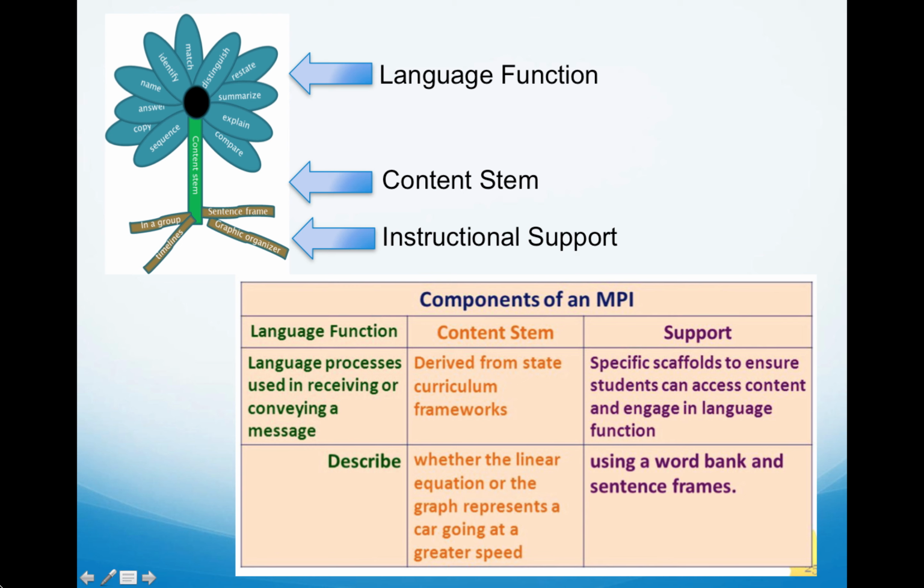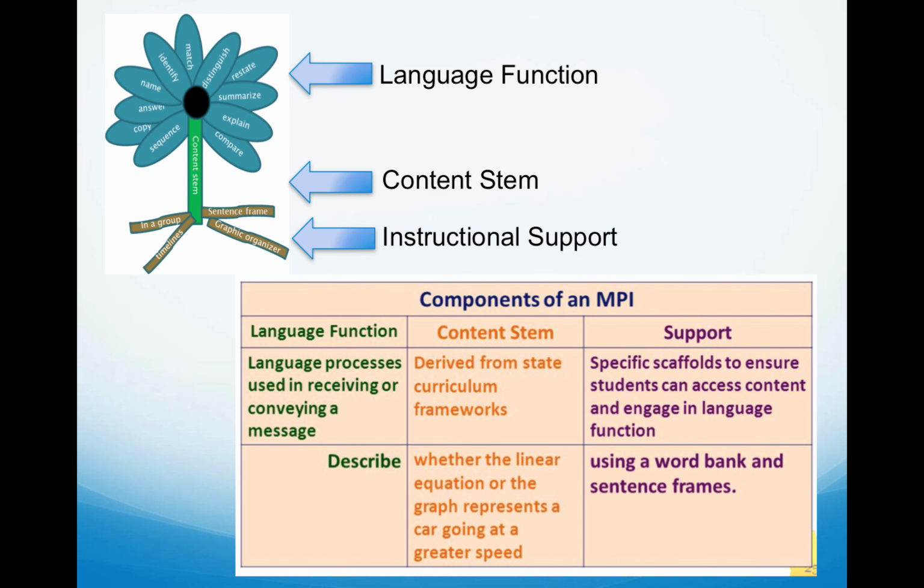The language function would be describe, that's the verb. The stem, whether the linear equation or the graph represents a car going at a greater speed. And the support is using a word bank and sentence frames. There were so many supports listed in your ELL teacher handbook, toolkit.